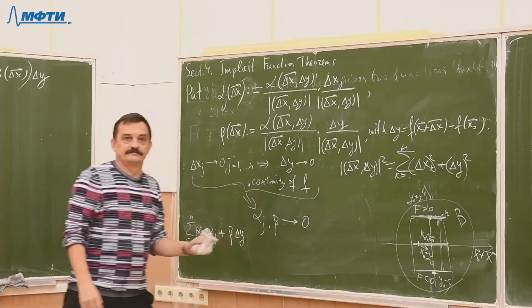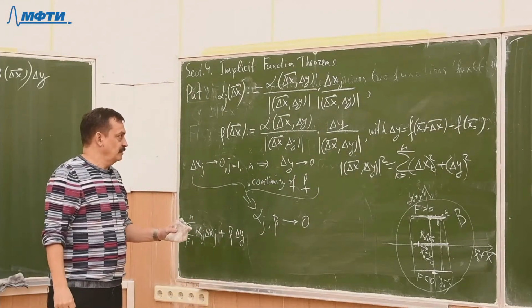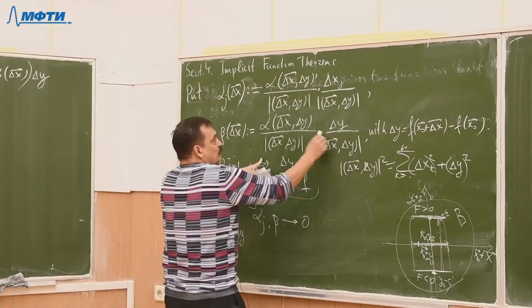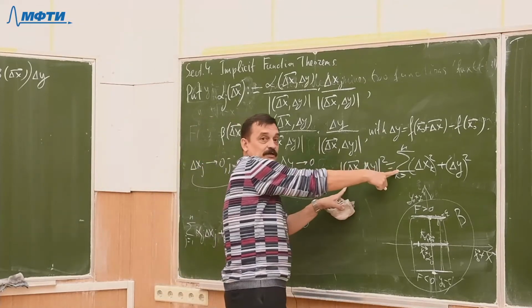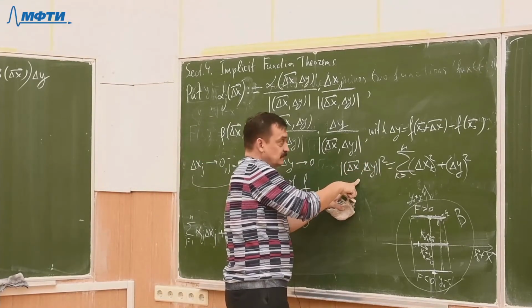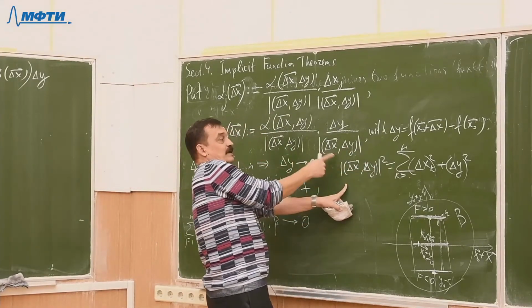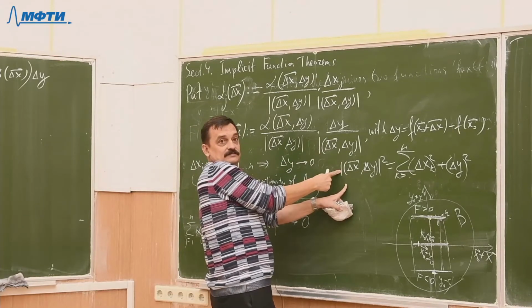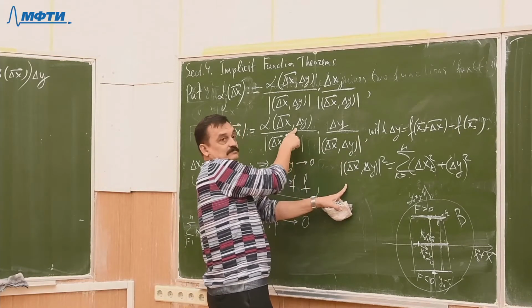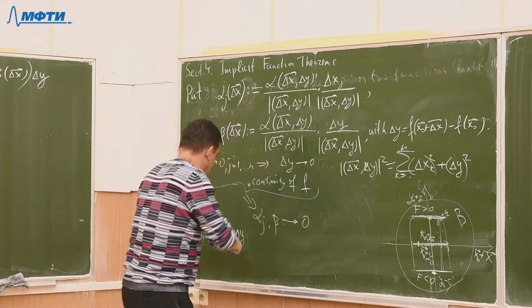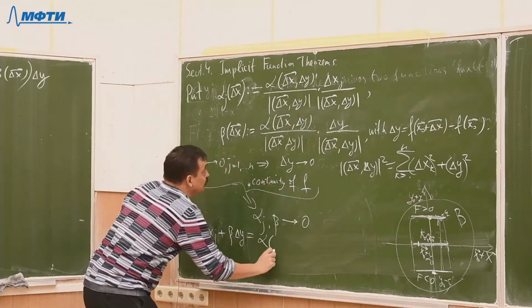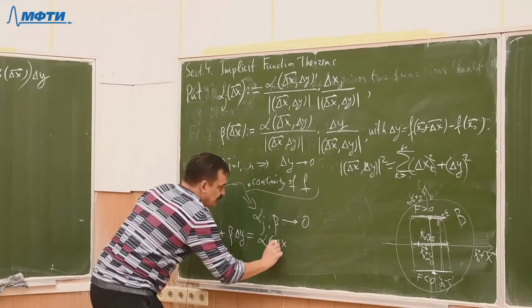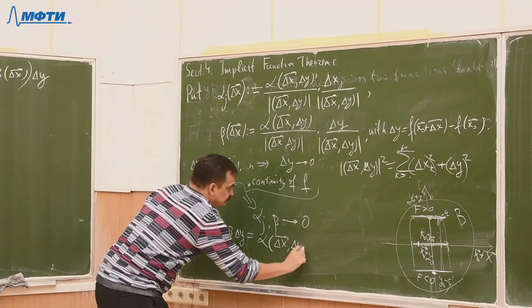So you see, we have a common multiplier times that one. So we cancel that. What remains? Only alpha. So that is precisely alpha of delta x, delta y.